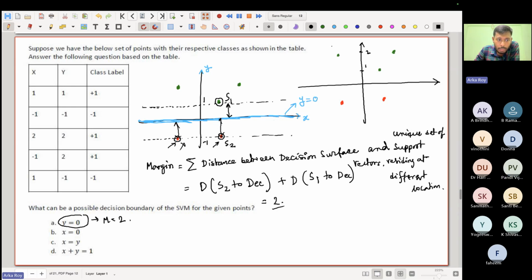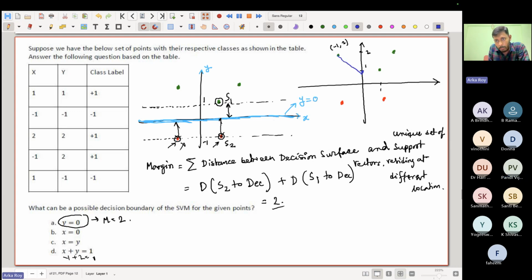So the point is minus 1 comma 2. If you put minus 1 plus 2, you can see that the output is 1. So that means this point also satisfies this particular equation of line. And this is, let's say, plus 1 over here. So I can draw the line like this.